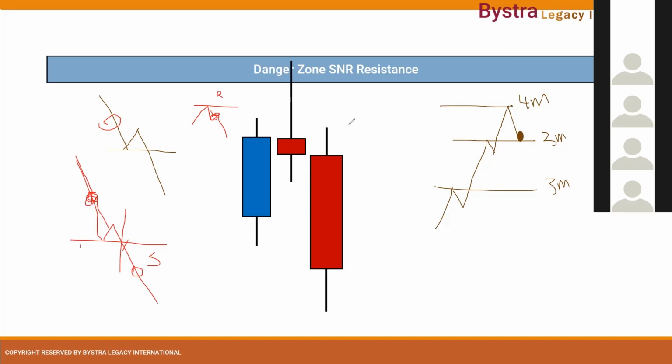So what about this one's point? If it comes without a second movement, you said it can break this one easily. Okay, you're talking about this support, right?